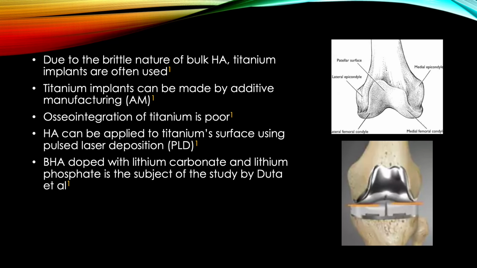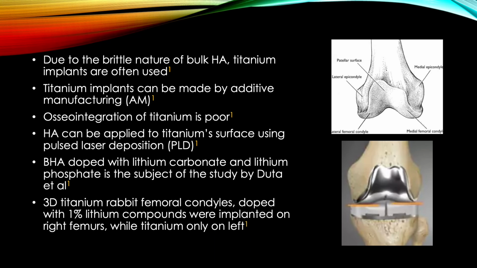BHA doped with lithium carbonate and lithium phosphate is the subject of the study by Duda et al. On the right, you see a 3D titanium implant. These types of implants, 3D titanium implants, were produced for rabbit femoral condyles.